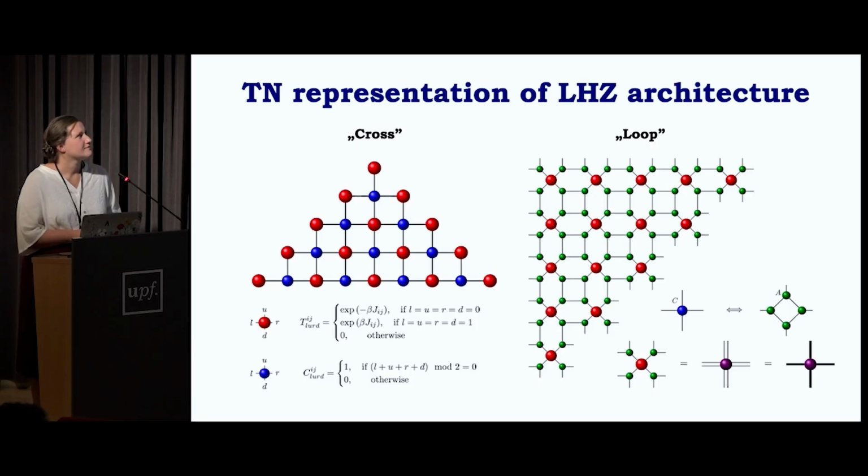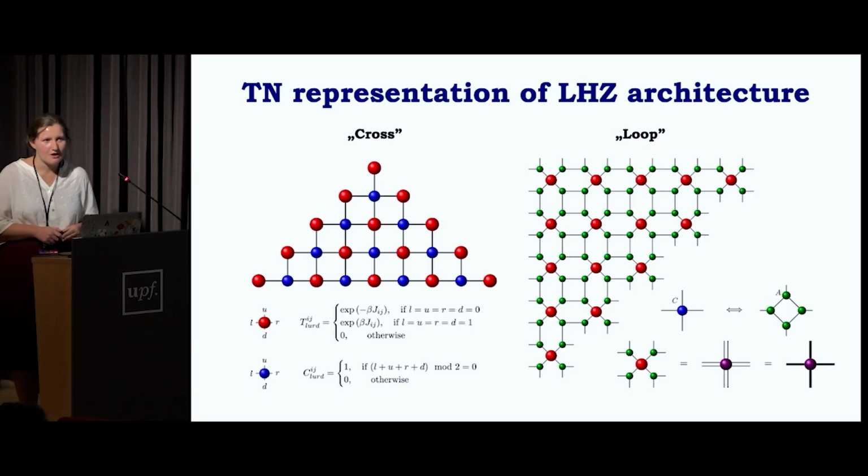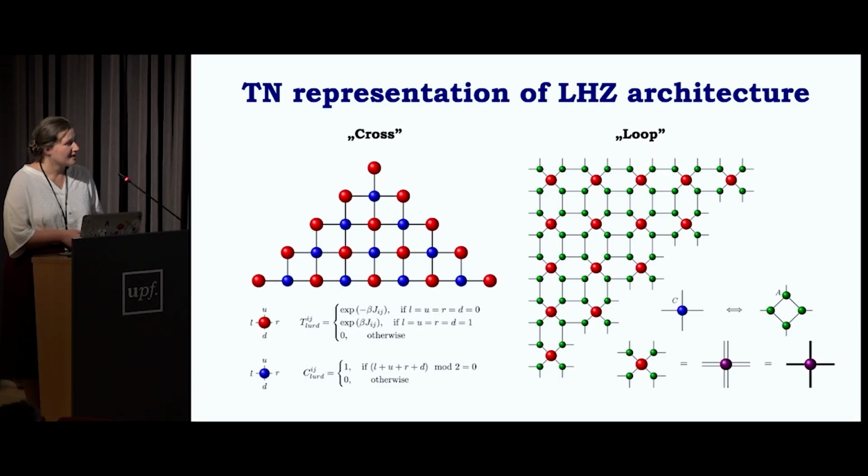This is a very simple representation. However, one may think of other tensor network representations of LHZ. For example, a loopy representation, where those blue parity constraint spins can be represented as 4 green tensors that are connected cyclically.